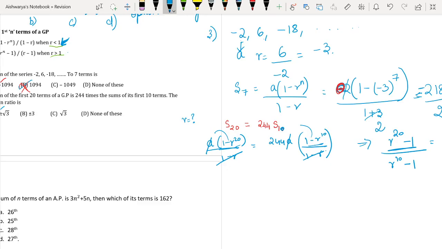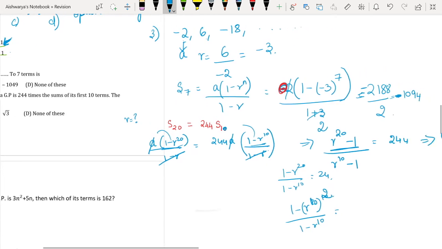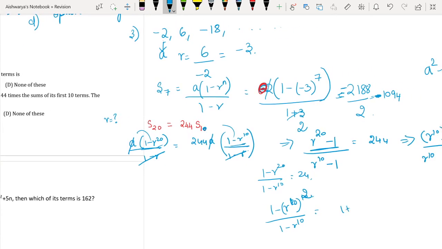Instead of writing like this, if you want to continue like this, it will be the same. So it will be 1 minus R power 2 the whole power 10, or R power 10 the whole square. So this will become A square minus B square, 1 plus R power 10 into 1 minus R power 10 divided by 1 minus R power 10.